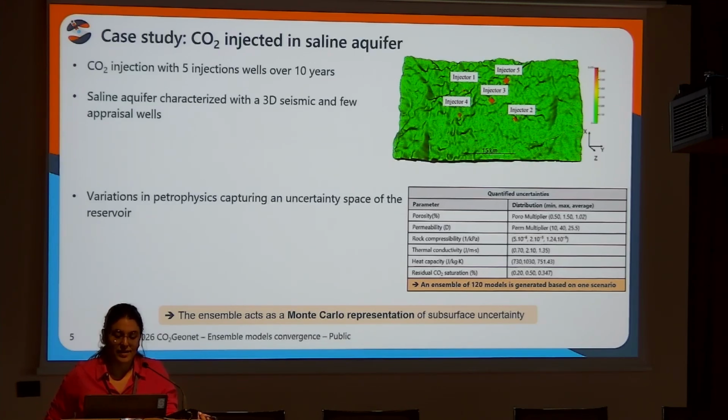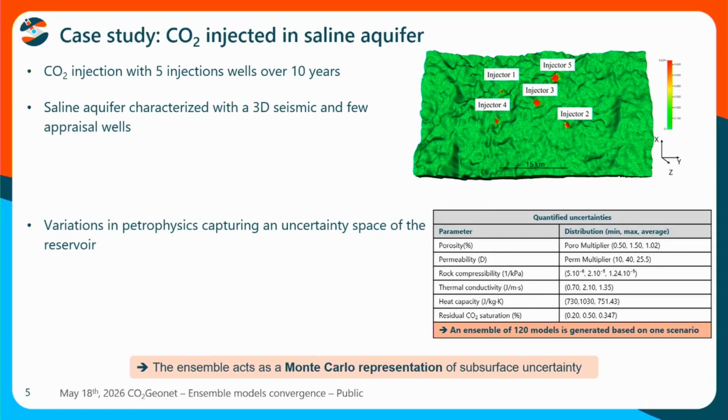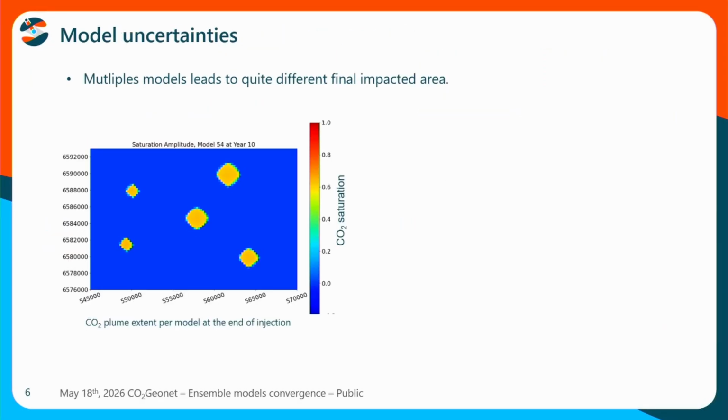So let's take a look at the results of these models. You can see on the left side of the slide the end of injection. It's a map of the CO2 plume, and you can see that the extent of the CO2 plume is quite different from one model to another. In this example, the top reservoir and the base reservoir were not changed, so it's quite similar, and it could be even better than that on the modeling side. But this is a synthetic example.